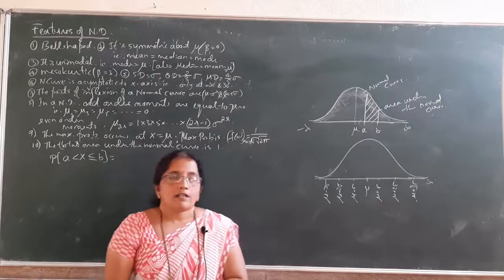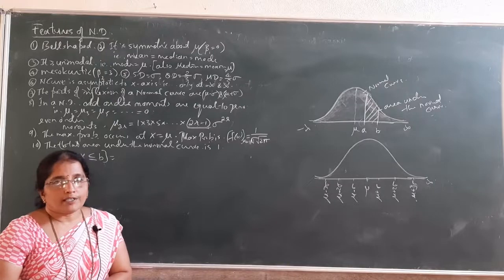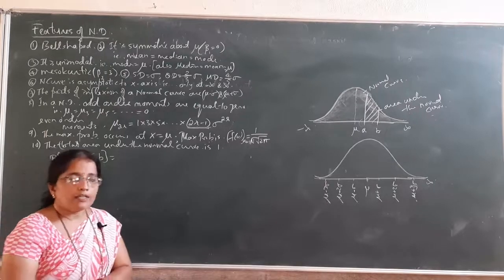Is it clear? This is how to use the area under the normal curve to find probabilities in a normal distribution.